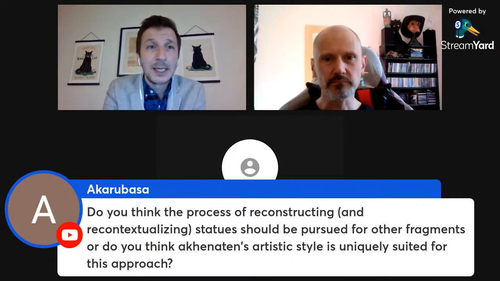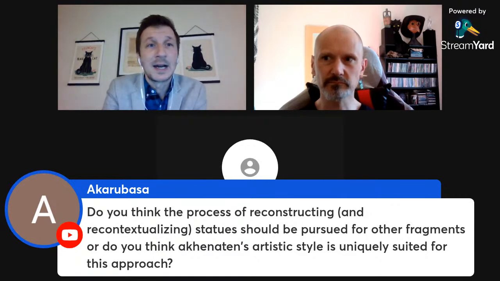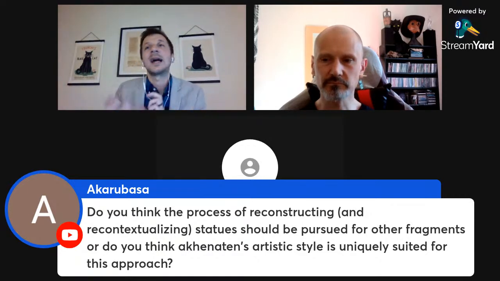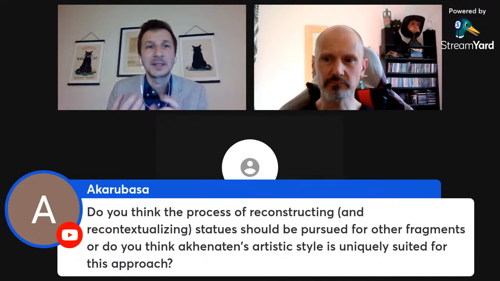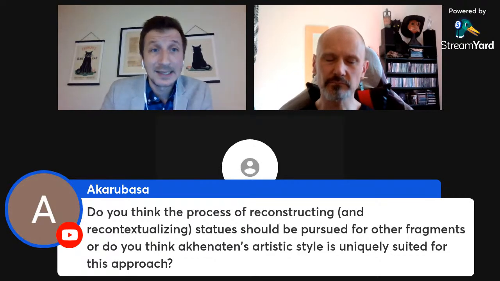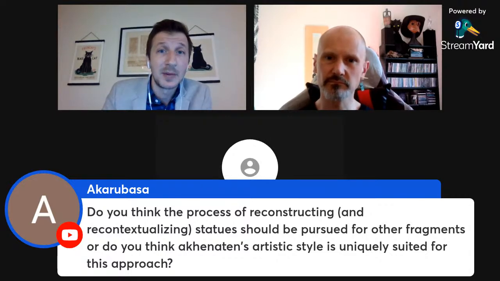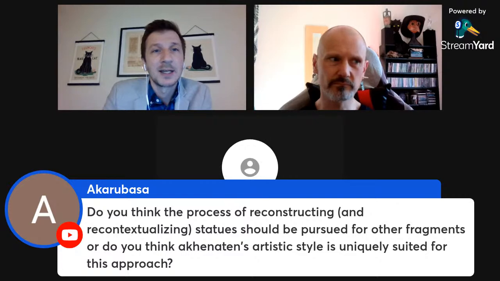Having the ability of different 3D tools to reconstruct this, as I have, would allow, I think, for better comments and perhaps for more freedom in its reconstruction. And the statuary program of Akhenaten, because there are so many fragmentary ones, because they were purposely destroyed, I think would greatly benefit from that.